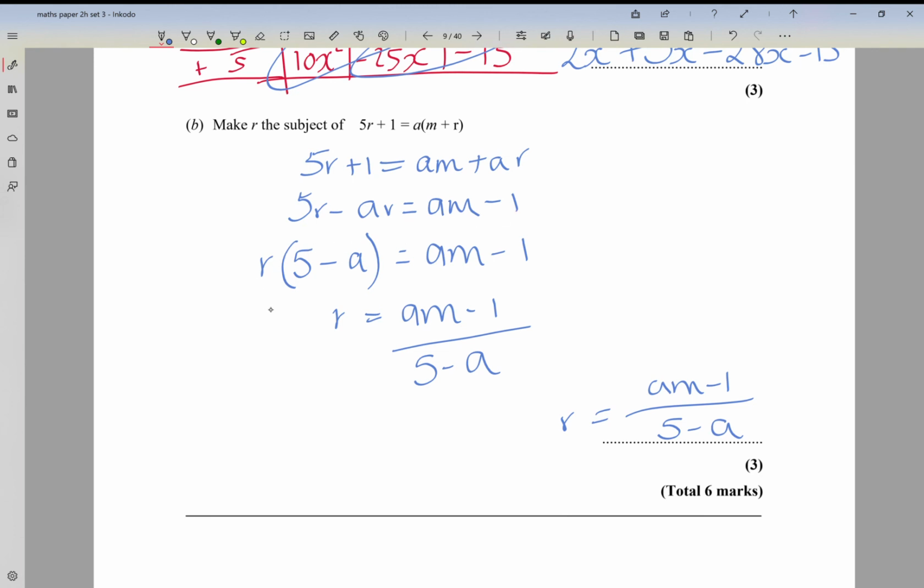Factorise the subject out and then divide through by whatever's in this bracket here. They're all almost exactly the same, just different letters, different numbers, but they are all so similar, these questions. They're always in this format. Let's practice those because they always come up. A couple in each set of GCSE papers, this will come up, something like this.